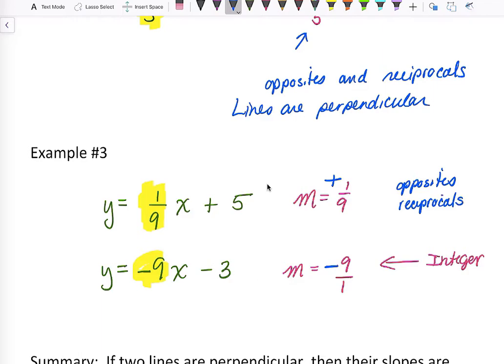So these two slopes fit the requirements for the two lines to be perpendicular, so the lines are perpendicular. And remember this upside-down capital T means perpendicular. That's a nice abbreviation if you don't want to write out the whole word.